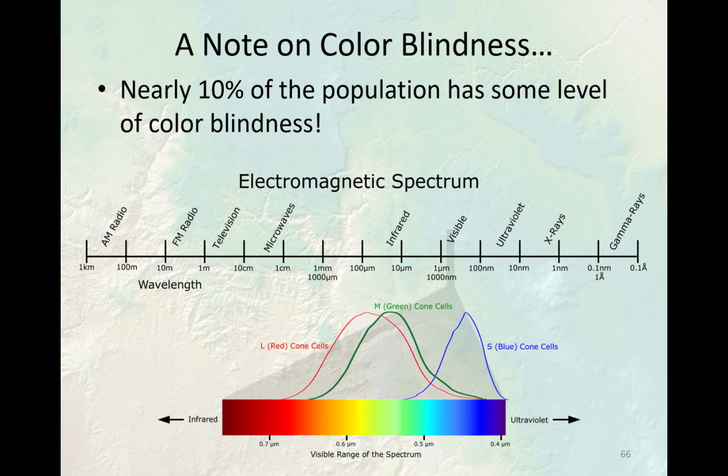Therefore, their brain is basically working with two wavelengths or just a single wavelength. So if the brain only has one wavelength to work from, then basically that person is seeing in black and white. And if the brain can only perceive two frequencies, then the problem is just that they can't resolve certain colors. And most people with color blindness have the L and M cells just too close to each other and therefore have difficulty distinguishing between red and green.